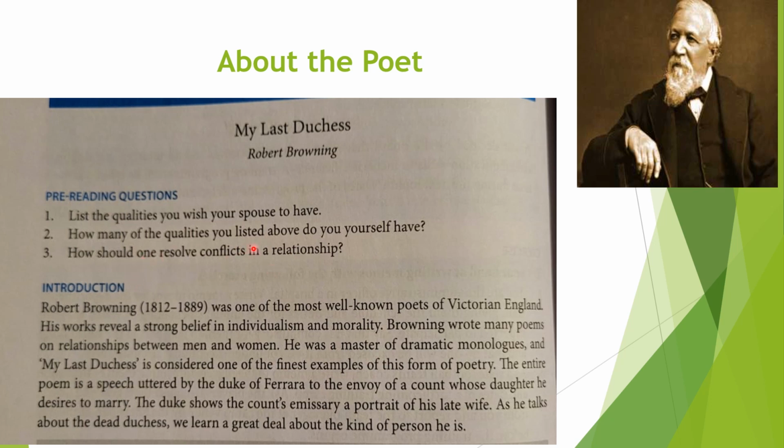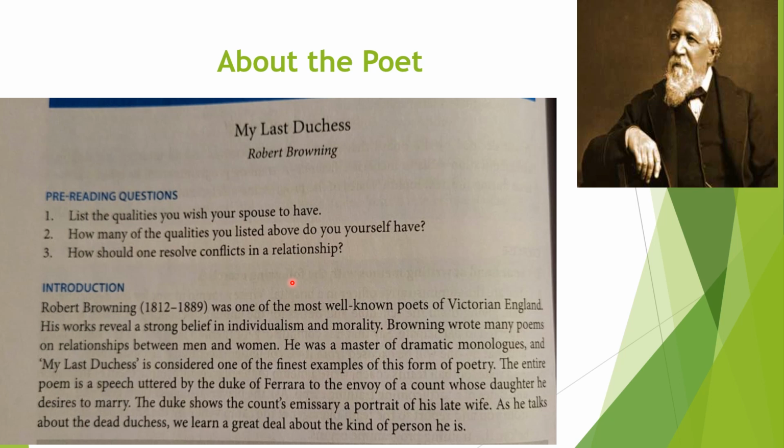Both the boys and the girls have to discuss. Then how many of the qualities you listed above do you yourself have? In your spouse you are expecting some qualities, but do you have those qualities also? You have to discuss.